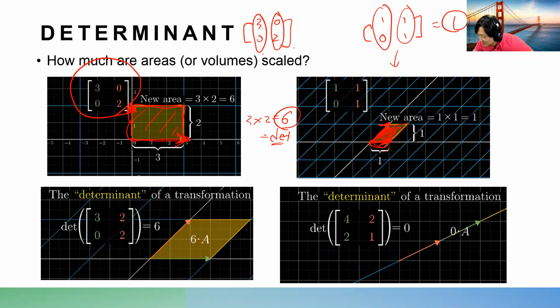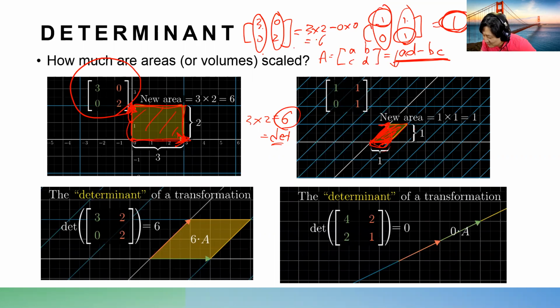This is the determinant. Based on our formula, AD minus BC, 1 times 1 minus 1 times 0 is 1. In the previous case, 3 times 2 minus 0 times 0 is 6. So it is our area.